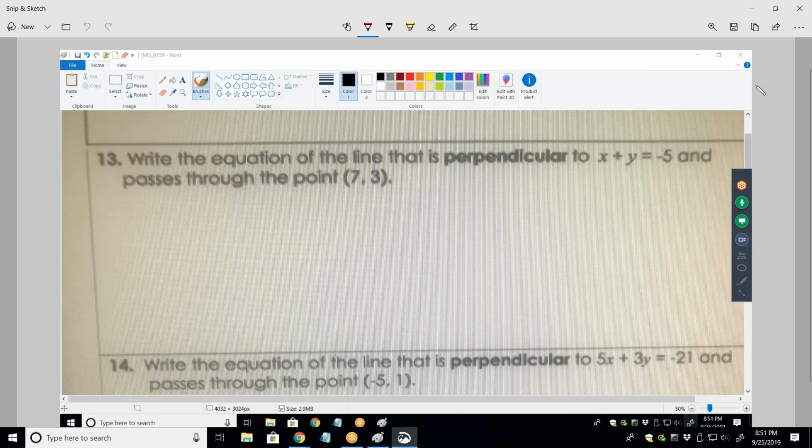So, what's the slope of our perpendicular line going to be? I'm going to write it like this. The slope of the perpendicular line. Well, first of all, you've got to figure out what the slope of that line is. What is that slope?